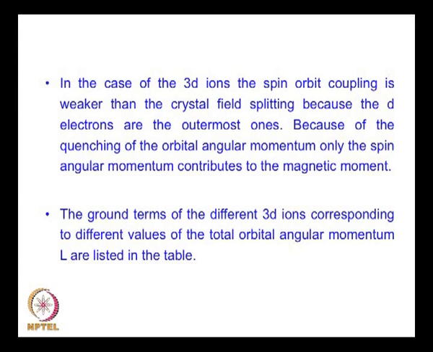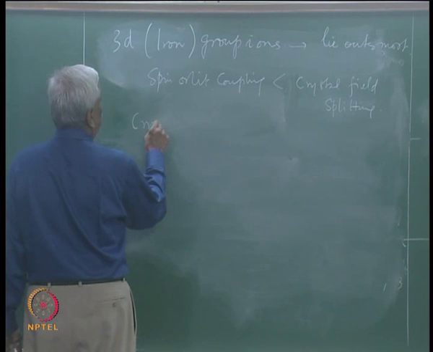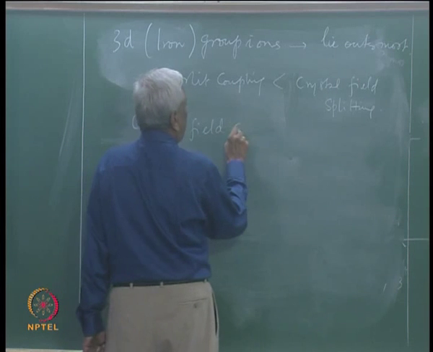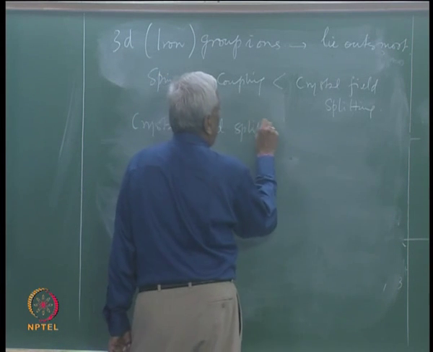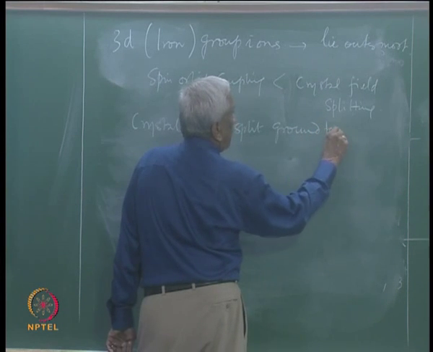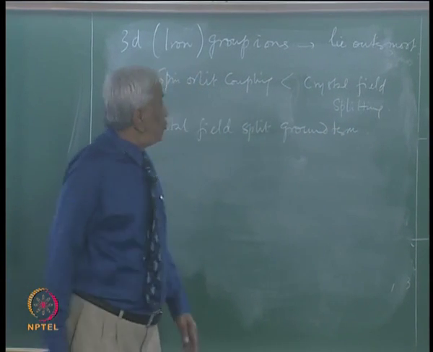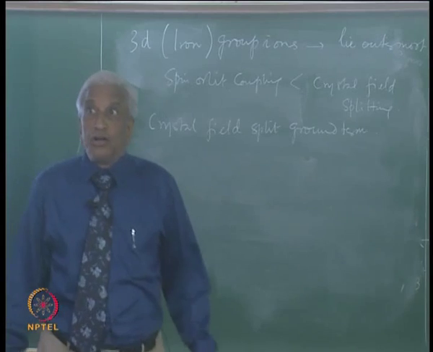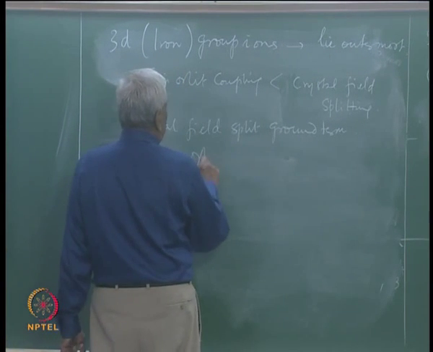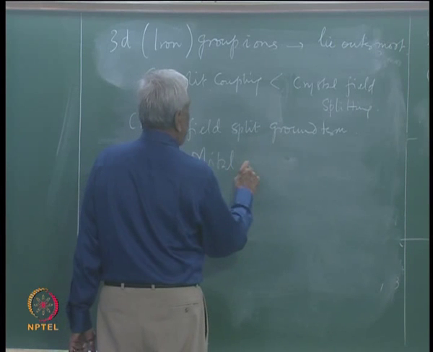So, one has to determine the crystal field split ground term. Usually, the crystal field is so strong that the orbital angular momentum is completely quenched.